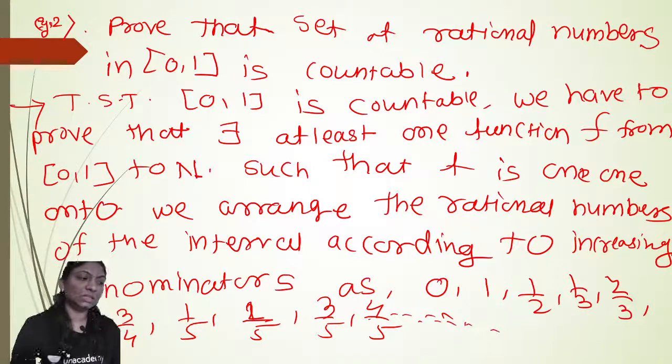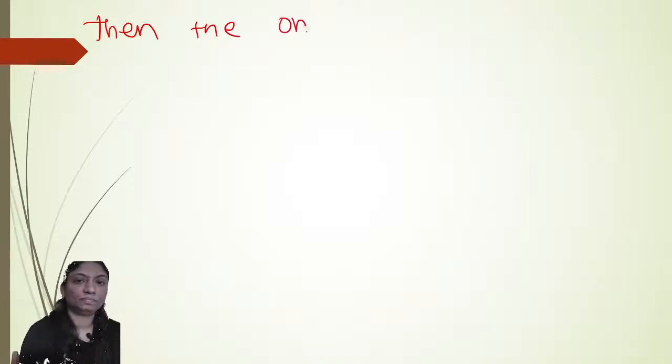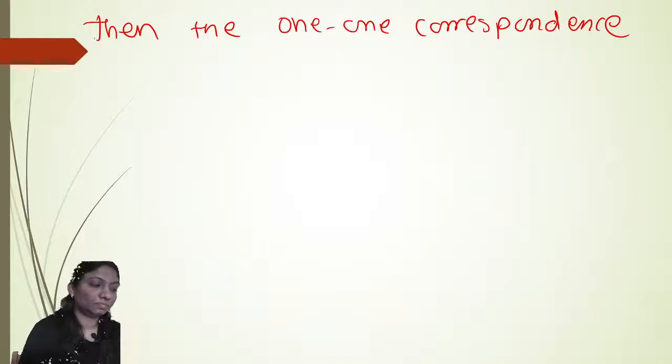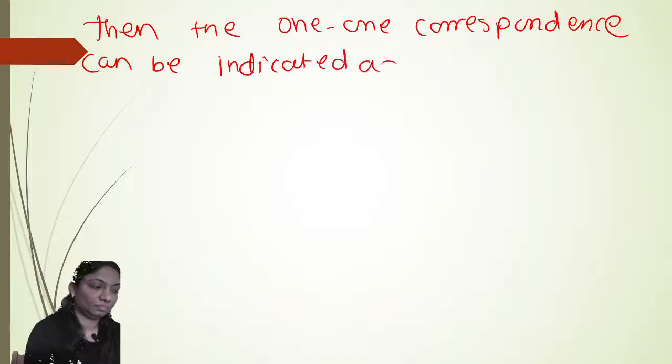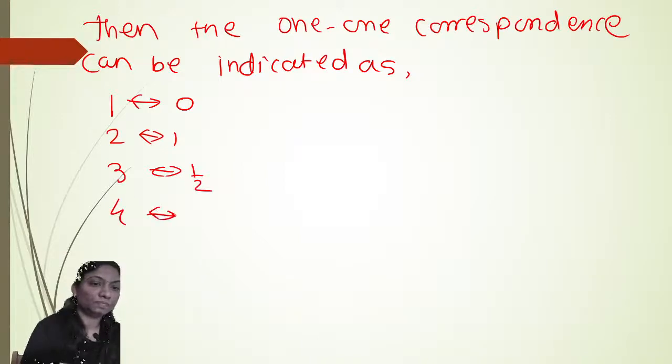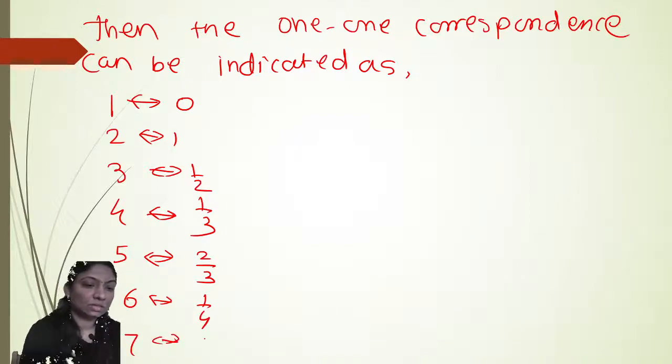Now see, we will write the one-one correspondence. The one-one correspondence can be indicated as: 1, 0; 2, 1; 3, 1 by 2; 4, 1 by 3; 5, 2 by 3; 6, 1 by 4; 7, 3 by 4; 8, 1 by 5.